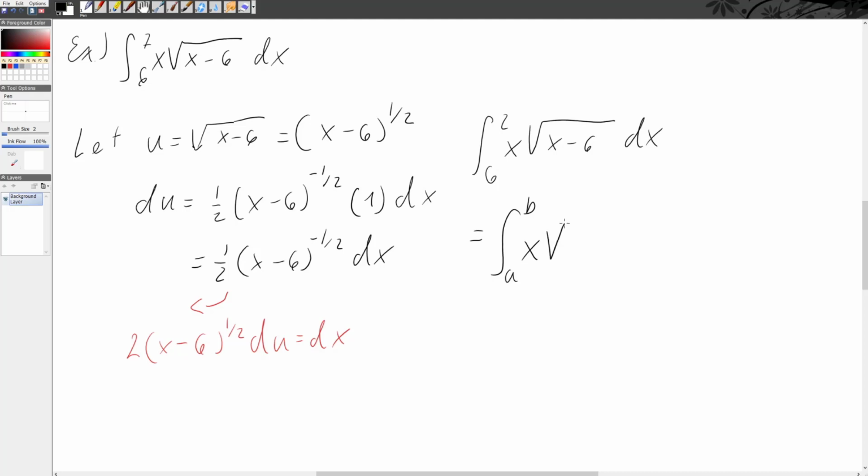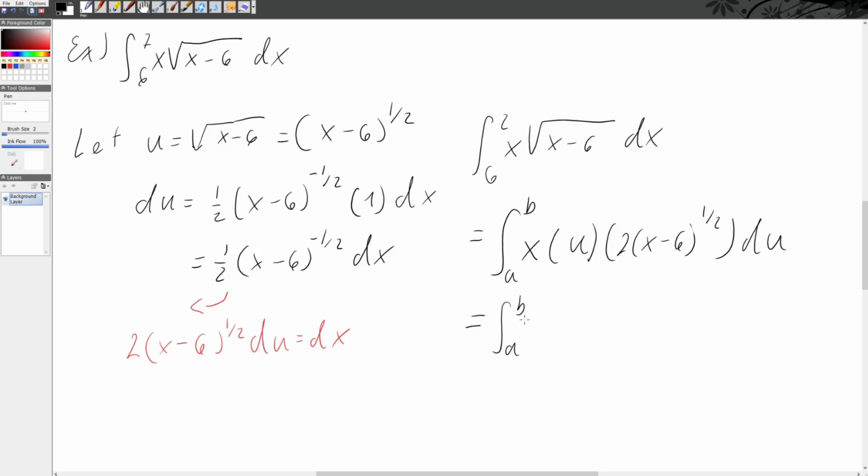So if we just substitute in what we have, that's going to be x times u times 2(x minus 6) raised to the power of 1 half du.